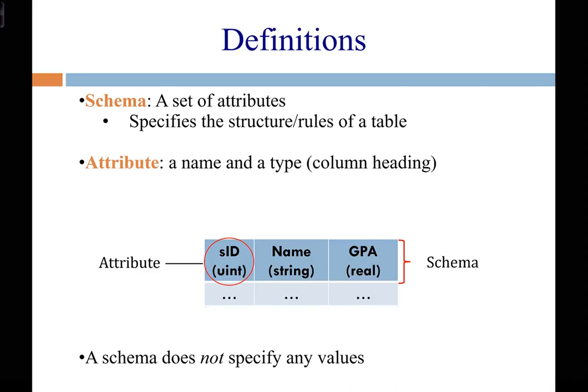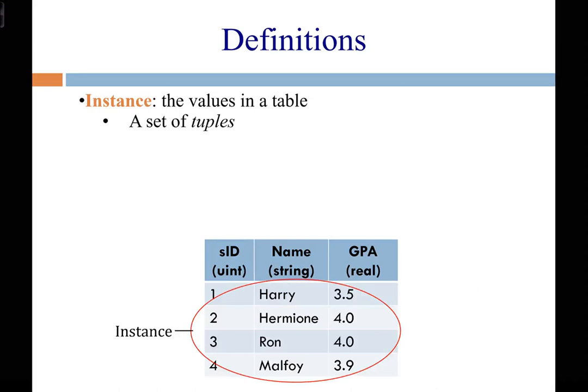Here's an actual schema. There's no instance data associated with a schema, but it gives us enough information to reason about it. We don't really care what the data is; we have a higher level picture of what it means. And then the data itself is an instance. Okay?